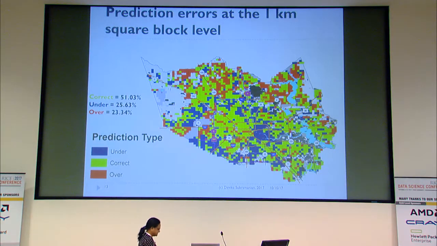How does that do? So this is the prediction of the model using the same methodology that I showed you with the probability curves. And the errors look like this, where again, blue stands for under prediction and red stands for over prediction. Here, only 51% of these little squares are predicted correctly.